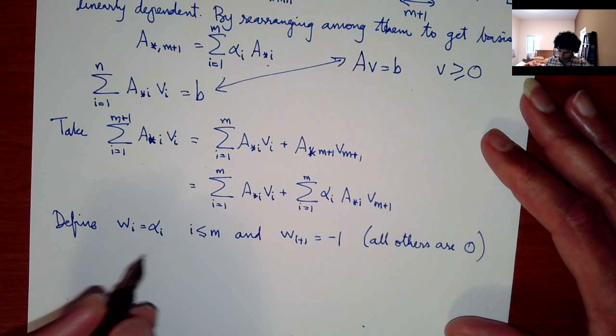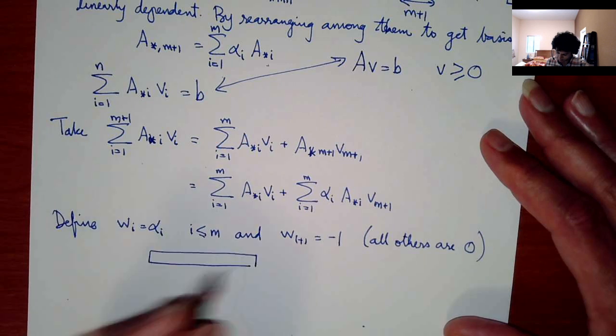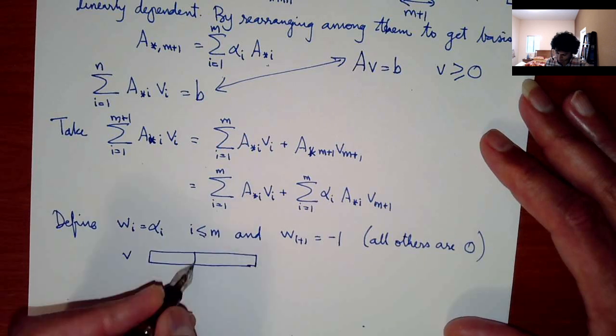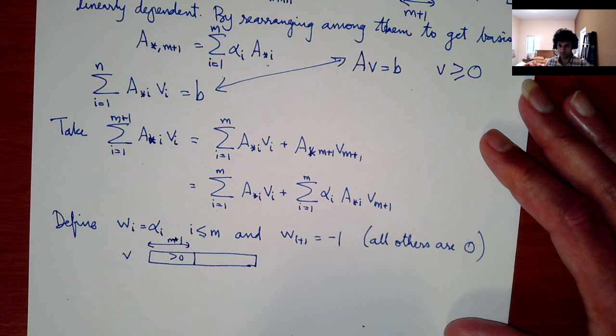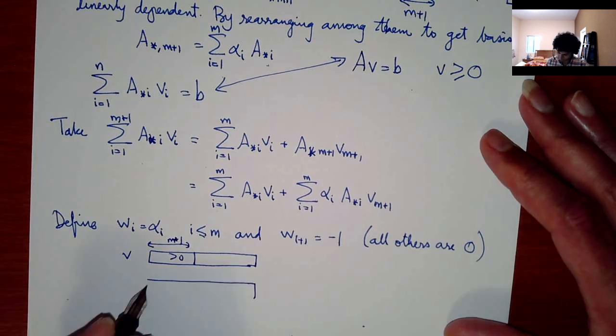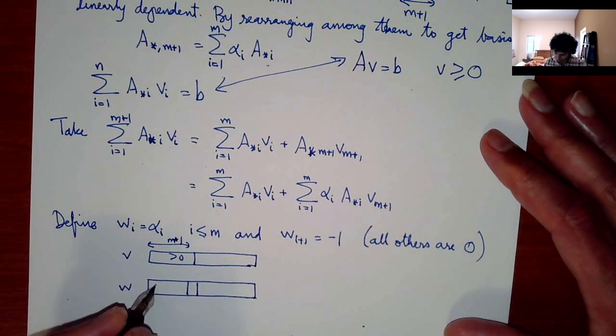Okay, so here is my V. When I look at the first m plus 1 coordinates, these are non-zero. So here's going to be my W, where I set these to be alpha 1 up to alpha m. I set this to be minus 1, because this is exactly the linear combination that I get from here.